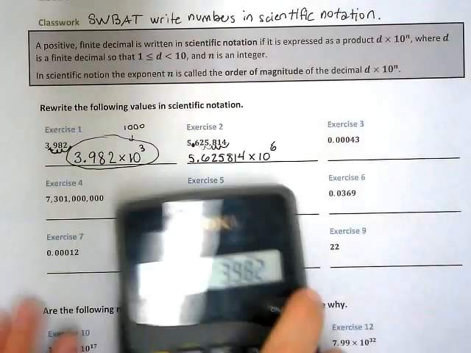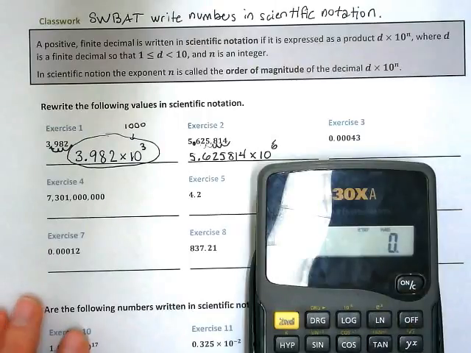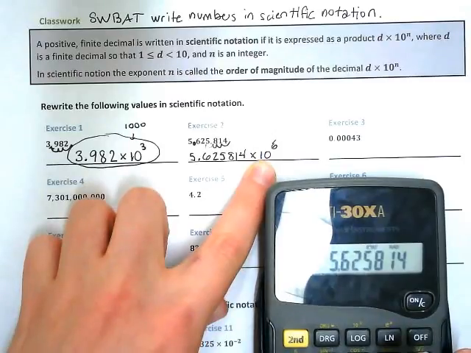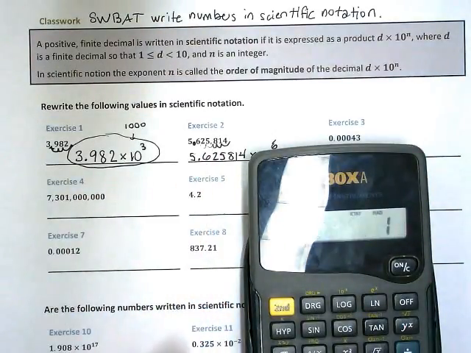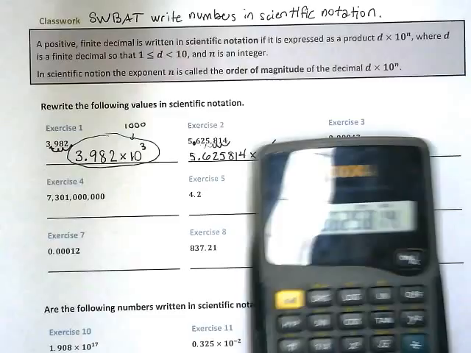Again, I could check this on my calculator. I could do 5.625814 times a 1 with 6 zeros behind it. 1, 2, 3, 4, 5, 6. Equals 5,625,814, which is what we started with.